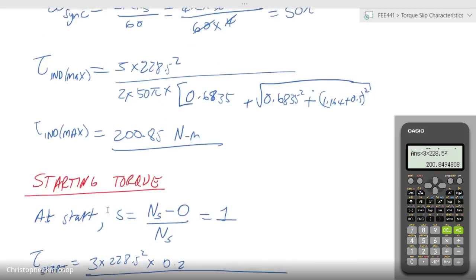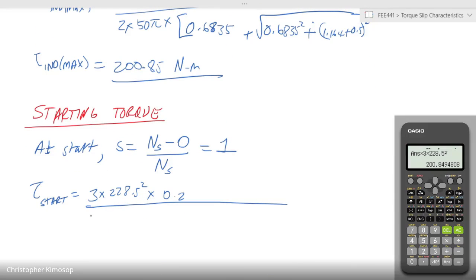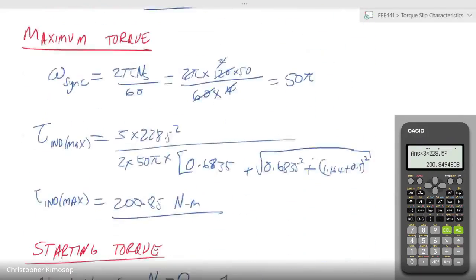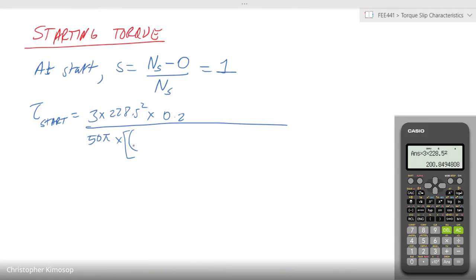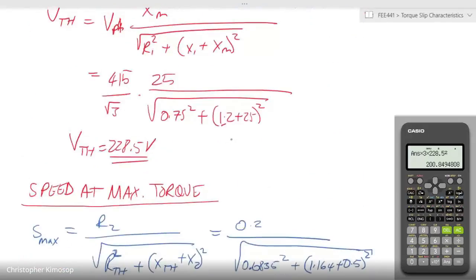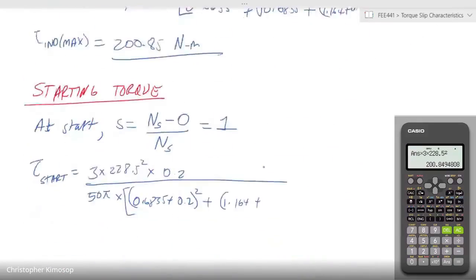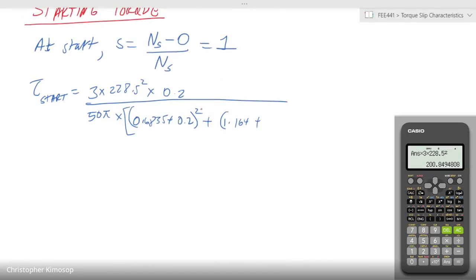Omega sync we had said is 50 pi, times R Thevenin, 0.6835, plus R2, which was 0.2, squared, plus X Thevenin, which I think was 1.164, plus X2, 0.5, squared.